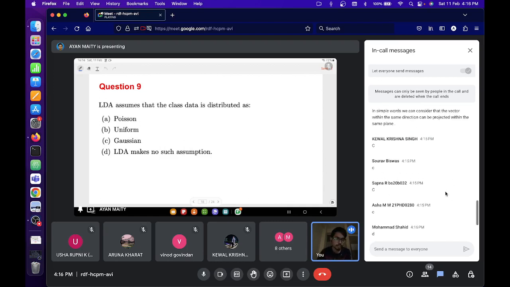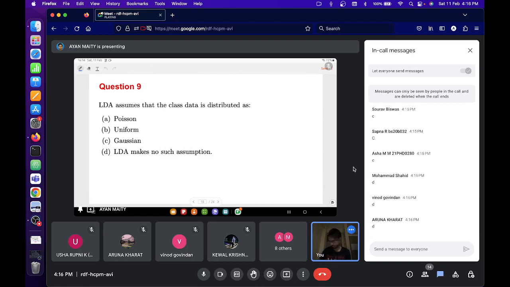Some of you have written C, some of you have written D. C is Gaussian and D is LDA makes no such assumption. LDA itself doesn't assume anything about the underlying distribution of the data. D should be the right answer.